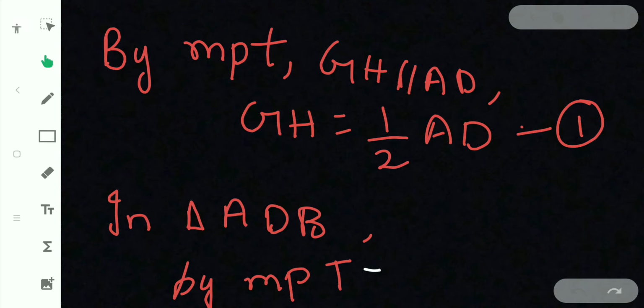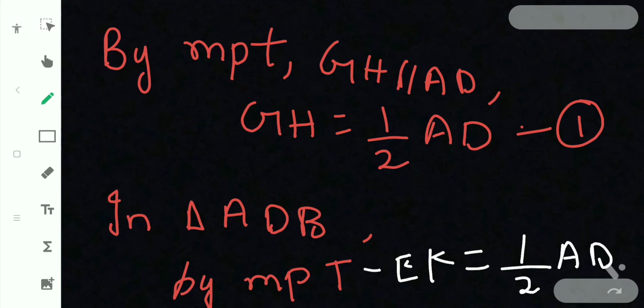So EF is equal to half of AD, and EF is also parallel to AD.